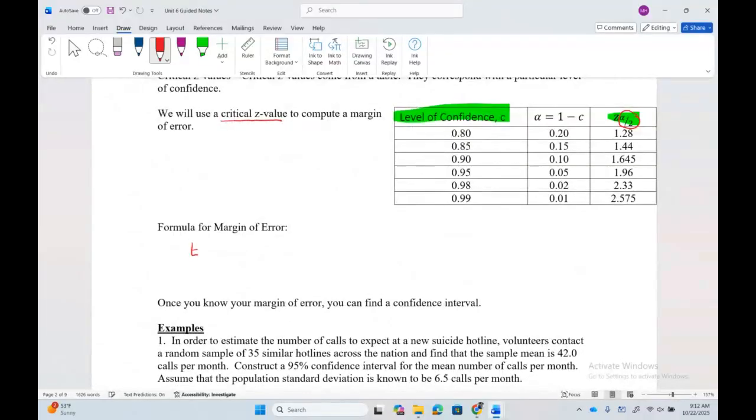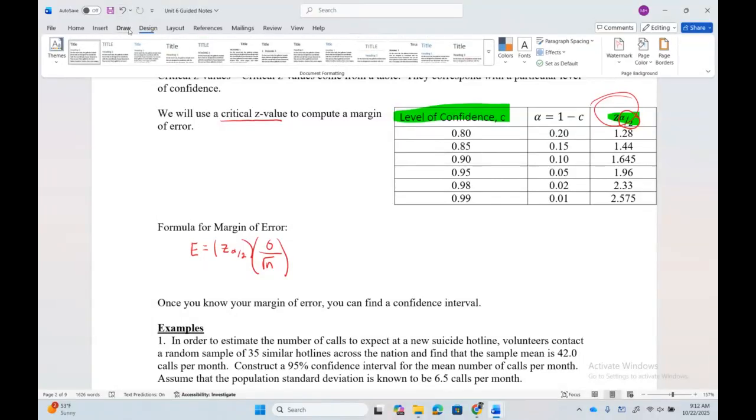So for the formula for the margin of error, we're going to take that critical z-score from this table and multiply by the population standard deviation over the square root of our sample size. Once we know that margin of error, then we can find our confidence interval.